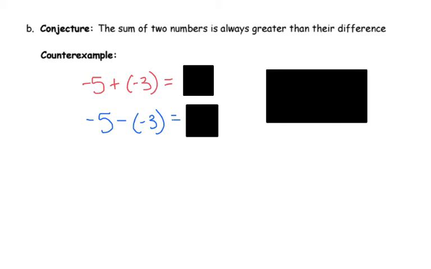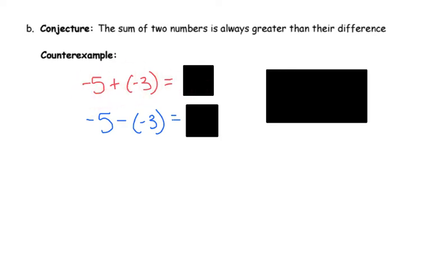All right, so let's look at another example. The sum of two numbers is always greater than their difference. Okay, meaning that if we add two values together, that answer is always going to be greater than if we subtract them instead. That's basically what this conjecture is stating. So here's an example I picked. I got negative 5 plus negative 3. So notice we have to add them first.